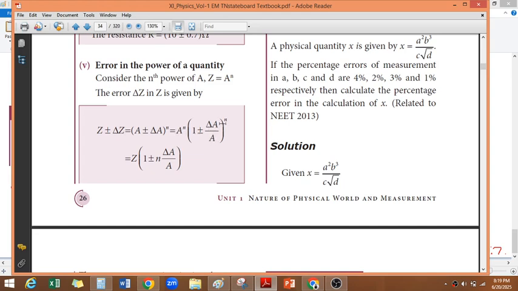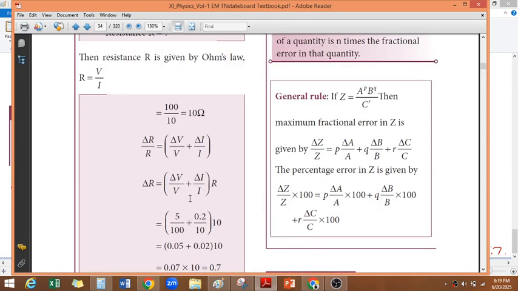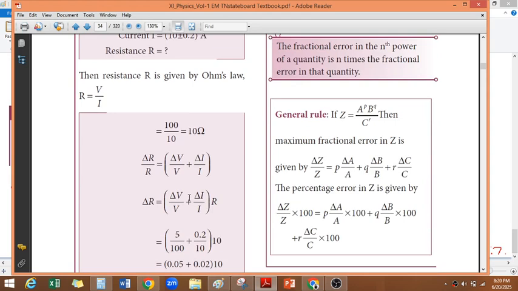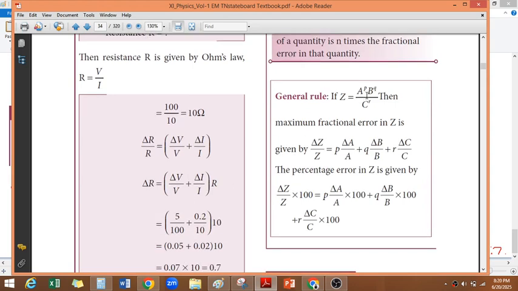So delta a by a. So as I told you, by approximation, you can bring the n inside here. So when you have a power p, b power q, c power r, you can add all of them. So p times delta a by a, q times delta b by b, r times delta c by c.